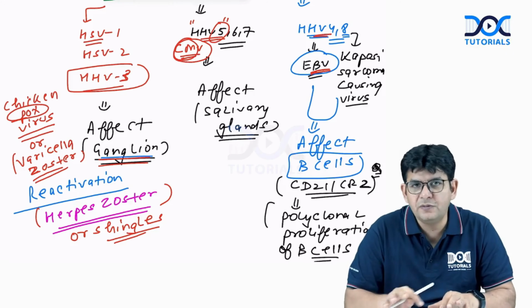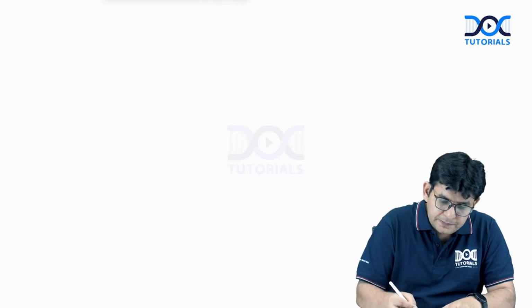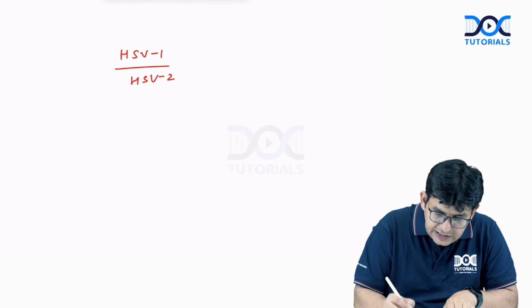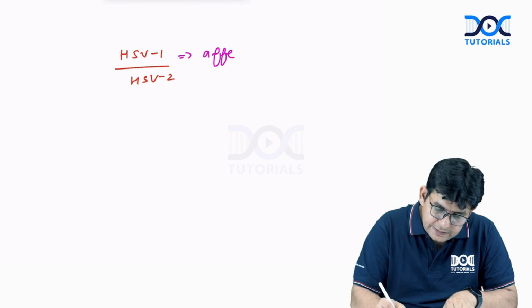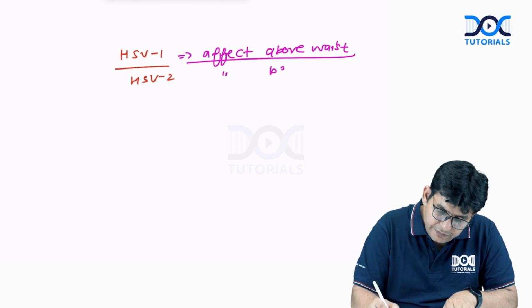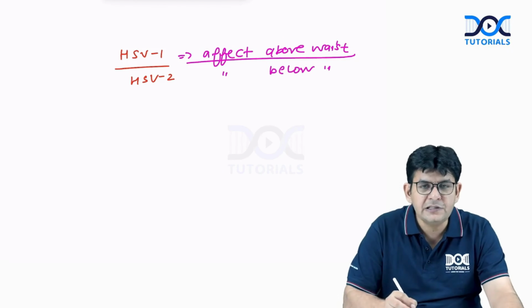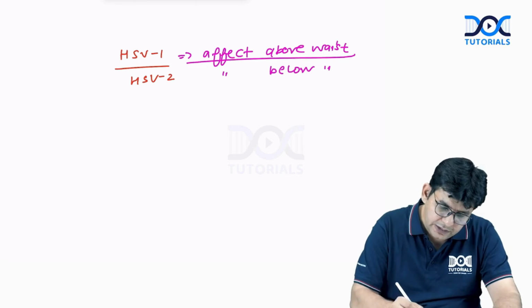This way we can remember this list and what they affect. First of all, we'll talk about HSV1 and HSV2. HSV1 affects above the waist, and HSV2 affects below the waist.